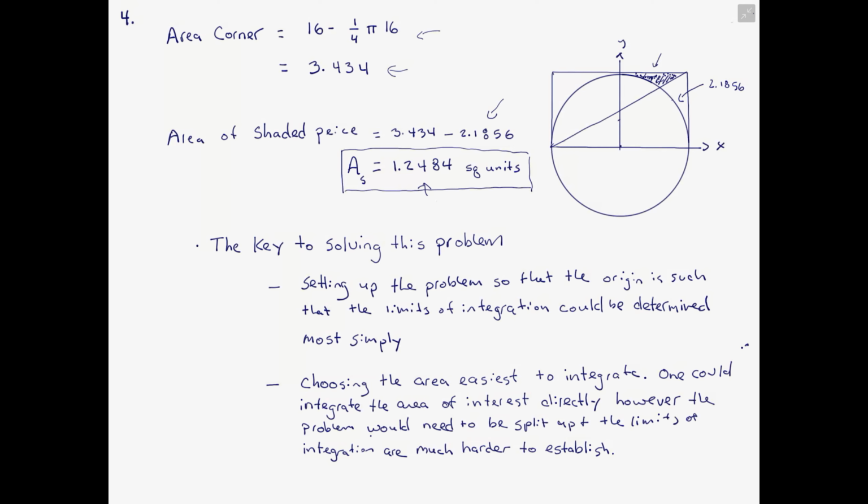So I guess in a sense it's an approximation. But I think my approximation is certainly closer to the absolute value of the area of that shaded corner than using the method that was given in the video that I saw.